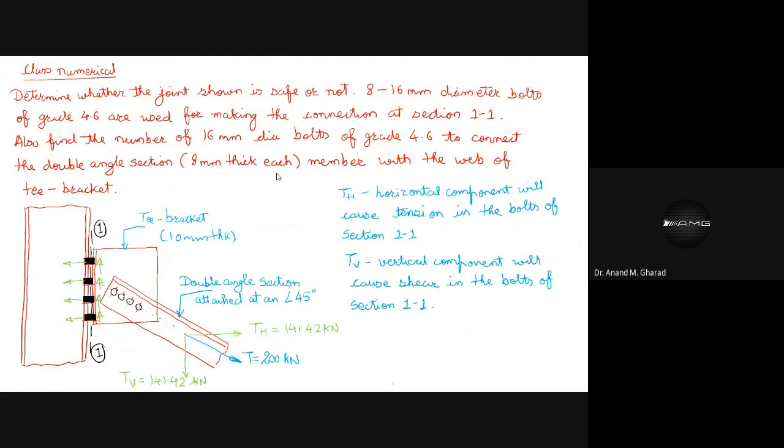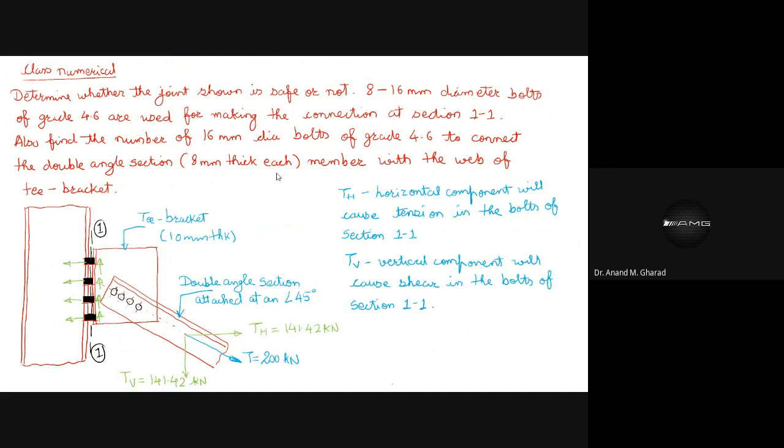Keep in mind one thing, that if the numerical suggests a few parameters or values, you are supposed to stick to those values only. You are not supposed to assume other parameters. For example, the diameter of the bolt, if the pitch distance, end distance, or edge distance are mentioned in the numerical, you are supposed to maintain those values only. ठीक है?